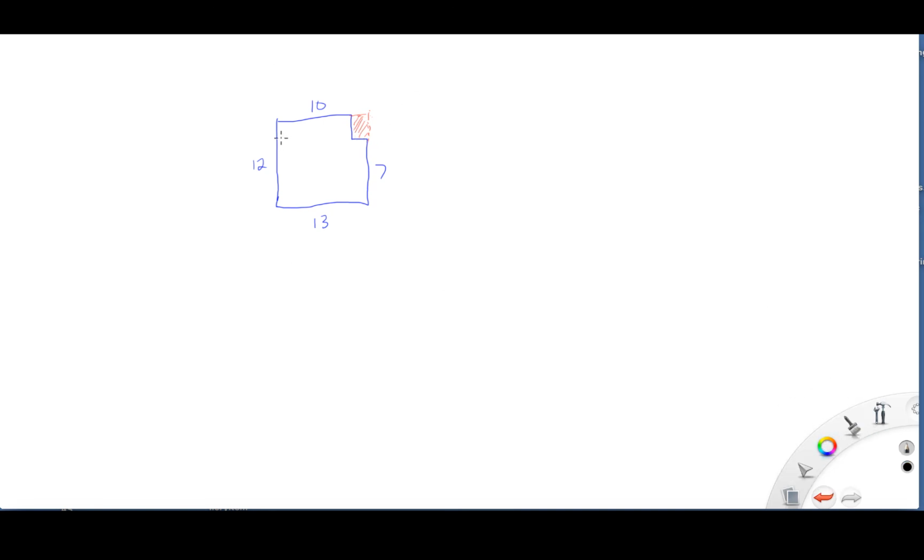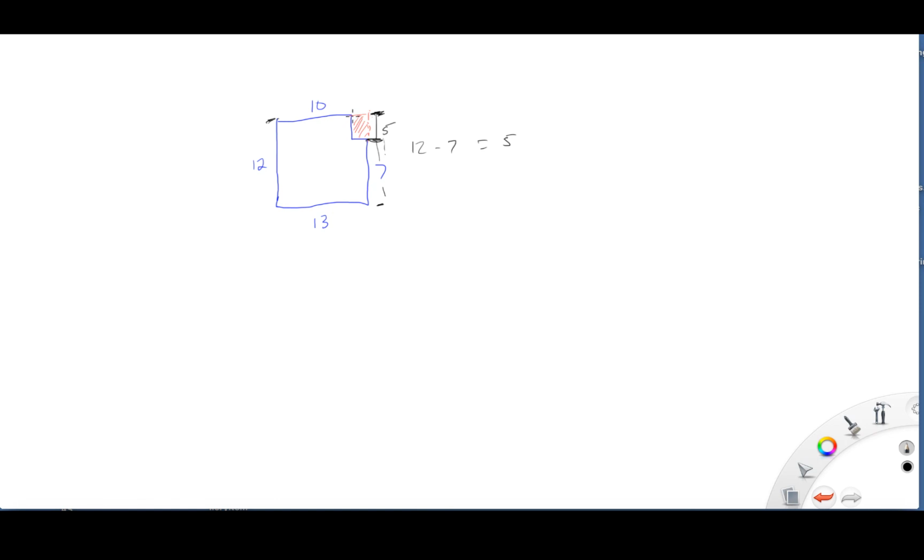I want you to note something. This line over here and this line over here all the way down is equal to 12. So we know that from here down it's equal to 7. So what's 12 minus 7? Well, we know that it equals 5. So we know that this little spot right here from here to here is equal to 5 because 5 plus 7 is 12.